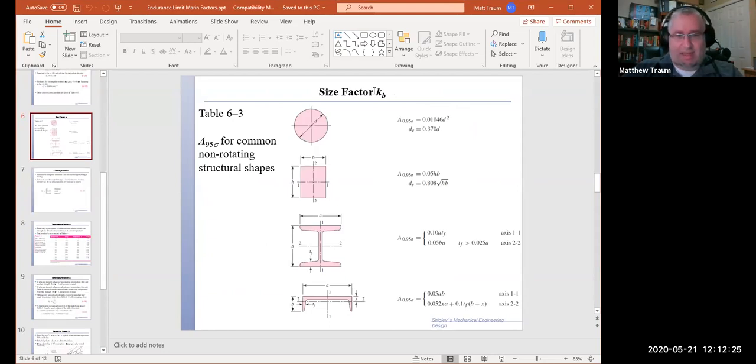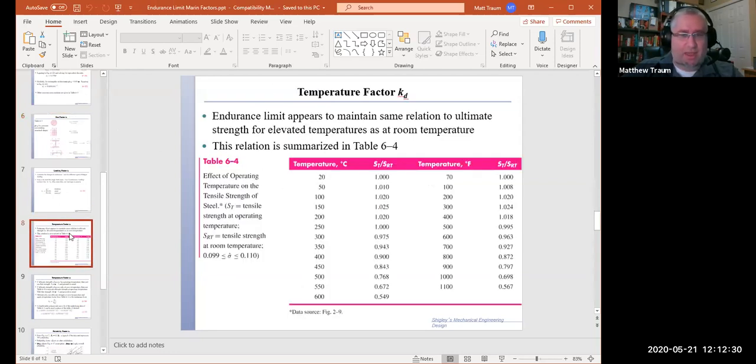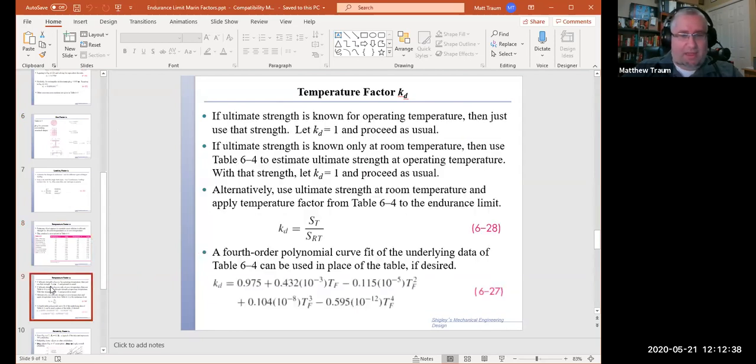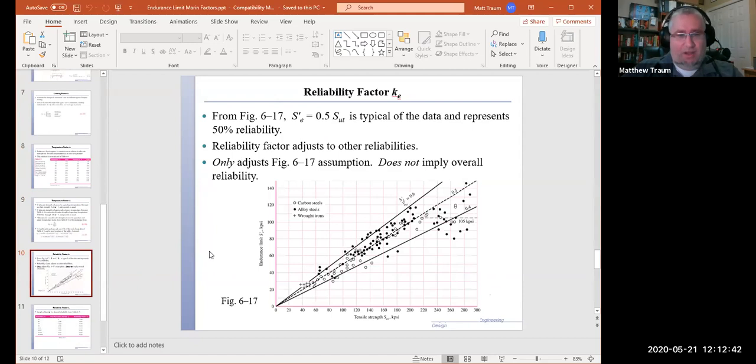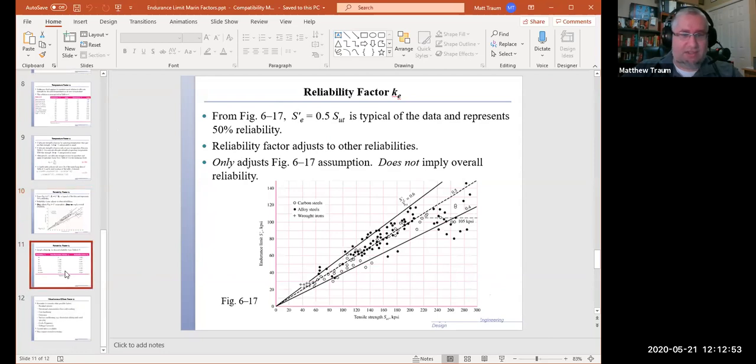But you can see we've got KB, which penalizes parts for having a particular size or shape. KD, which penalizes parts for operating at higher than normal temperatures. KE, which if you're changing your reliability to something other than basically 100% reliability or 99% reliability, you can make those modifications.